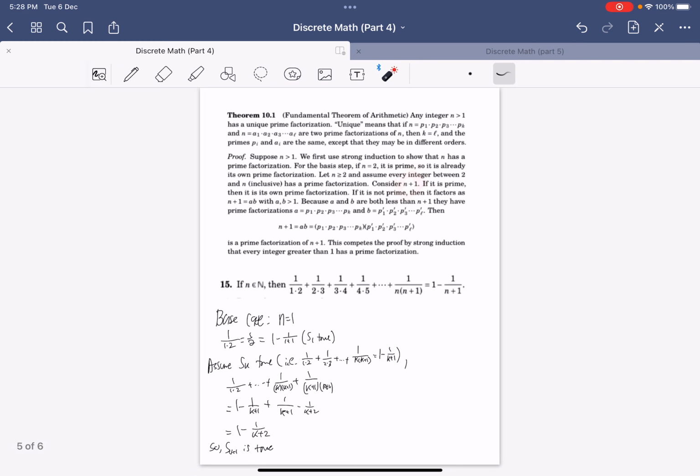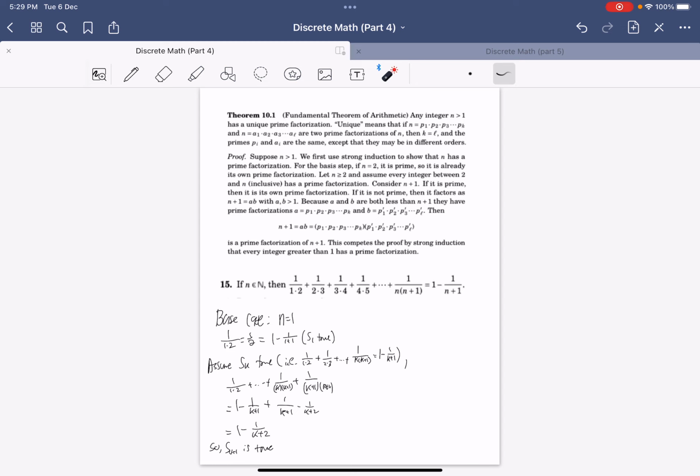Now, considering n plus 1, if it's prime, it is its own factorization, so we're done. If it's not prime, then it can be broken down into 2 factors, because that's the definition of composite. Because a and b are less than n plus 1, they lie in what we have assumed to be true. And so they have prime factorizations, and when you multiply them, that is itself a prime factorization.